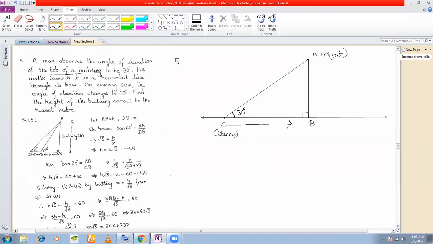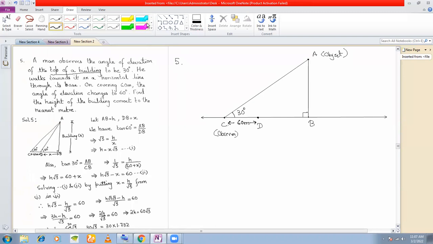On covering 60 meters, the angle of elevation changes to 60 degrees. Okay. So on covering 60 meters. So let's say the man starts walking in this direction, and after walking he reaches a point here. Let's say a point D, which is 60 meters distance that is covered. So this distance that he has covered in this direction is 60 meters.